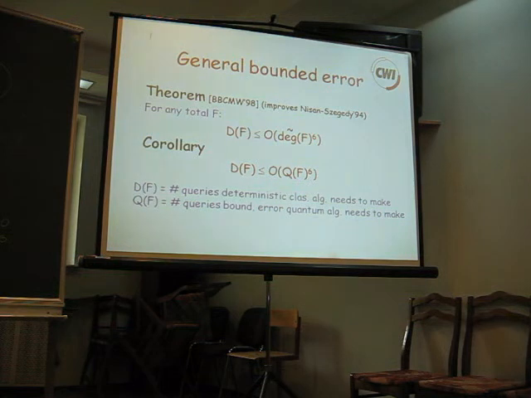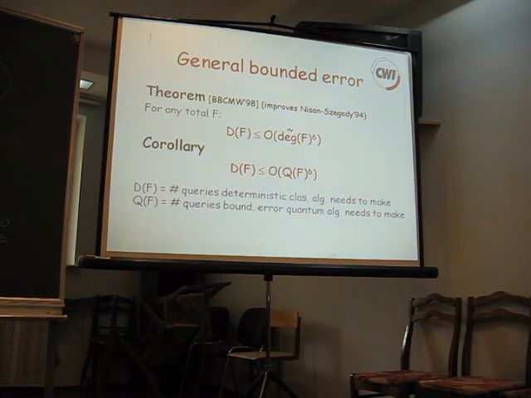You can extract an algorithm from that. I don't have time to show that. This was shown by Nisan and Szegedy with the power 8, and we could improve it to 6. By the way, I don't know if the 6 is optimal. I somehow suspect that it should be 2, but nobody knows how to prove that.